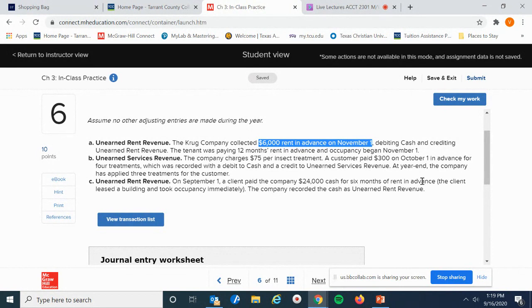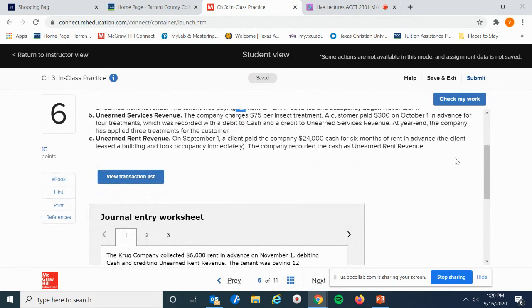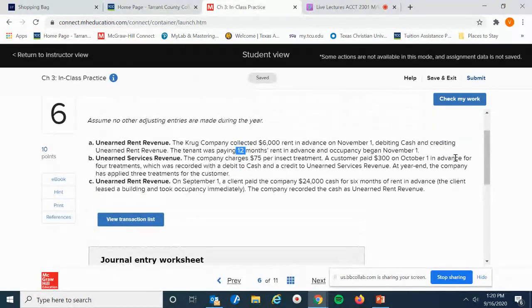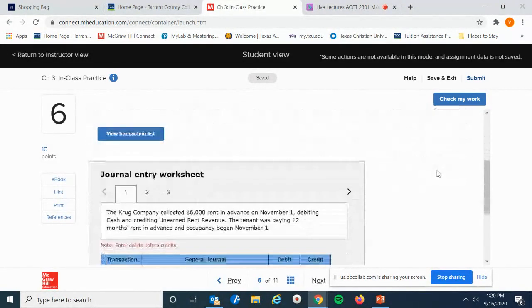Rent begins November 1st. So every month starting November 1st, the company will be providing $500 worth of rent to the tenant. If I take $6,000 and divide it by 12 months, I can see that $500 a month is what the company will be earning every month.